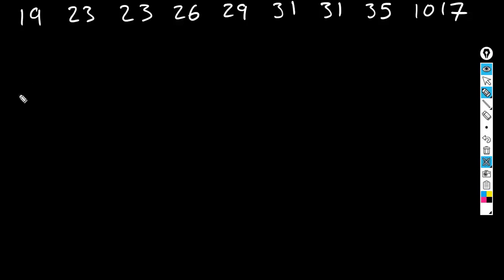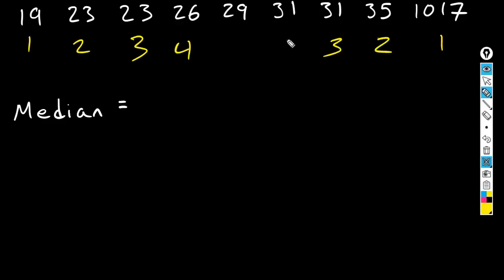If we're looking for our median, we want to find the value in the middle of the data set. We can look at this and see that we have 9 values, and so we can just split that. We could do this multiple ways. We could just go, that's 1 from the ends, 2 from the end, 3, 4, and so there's 4, so that leaves 29 as being in the middle.